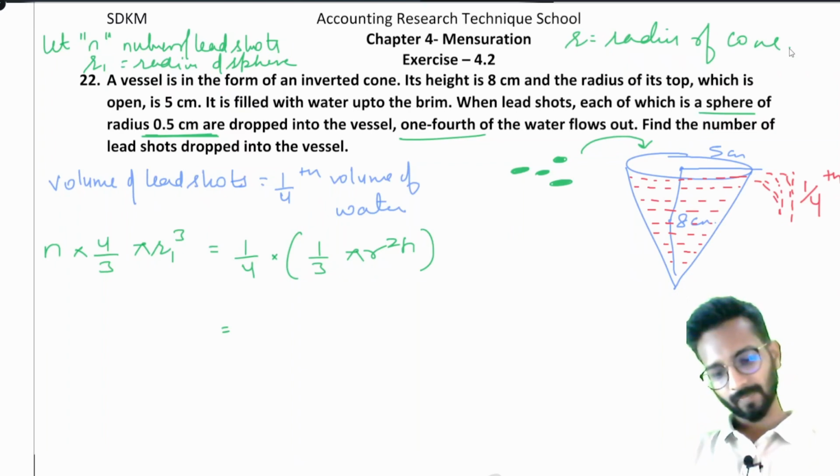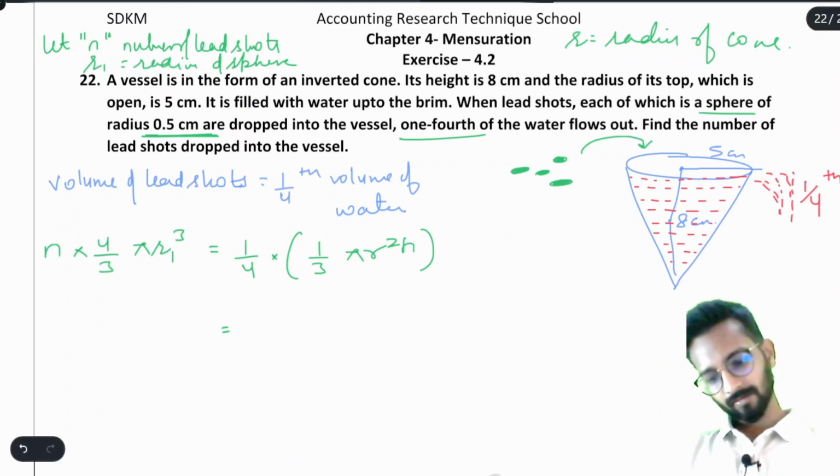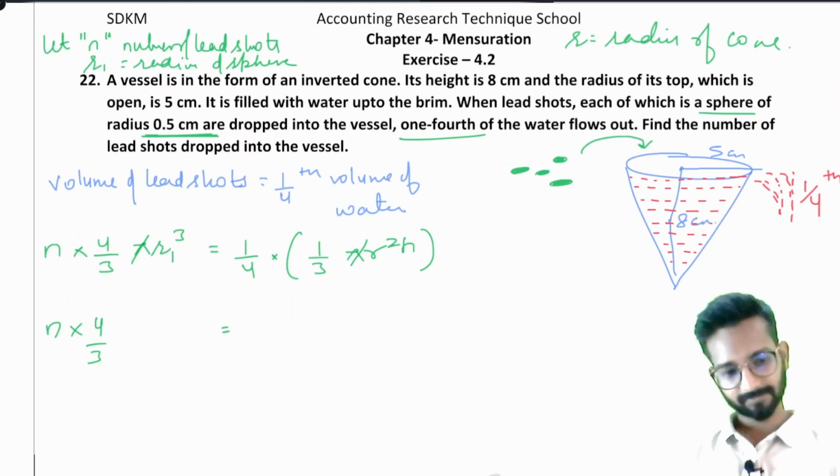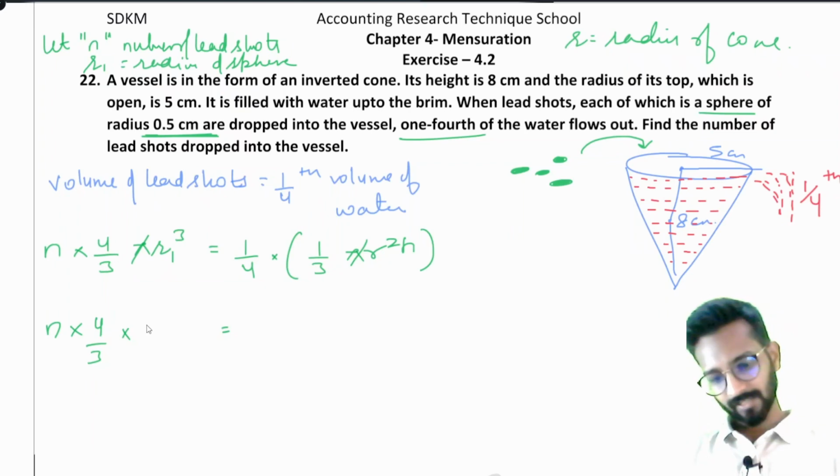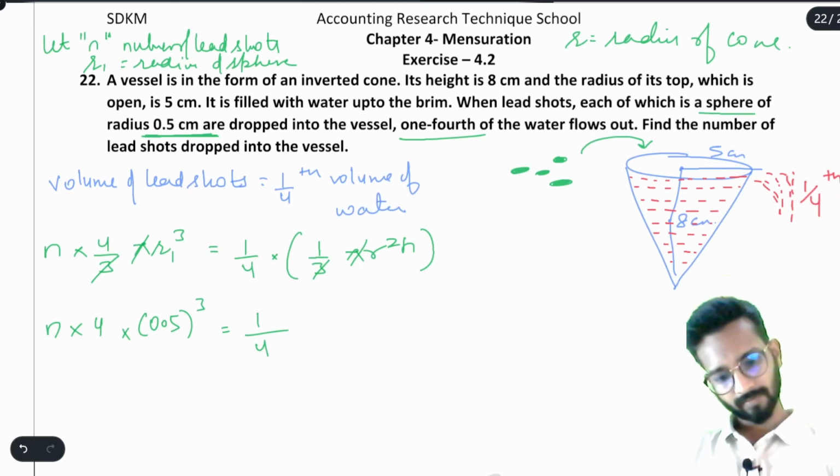So n multiply 4 by 3 pi, pi cancels, radius is 0.5, 0.5 cube, equals 1 by 4. Actually 3 and 3 can be cancelled here, so we can remove this 3, 1 by 4. R square is 5 square into height is 8.